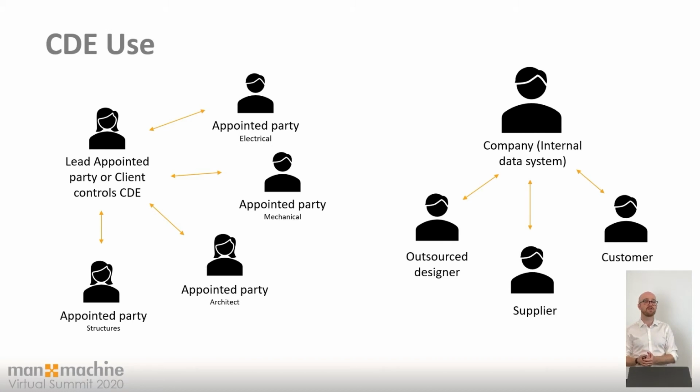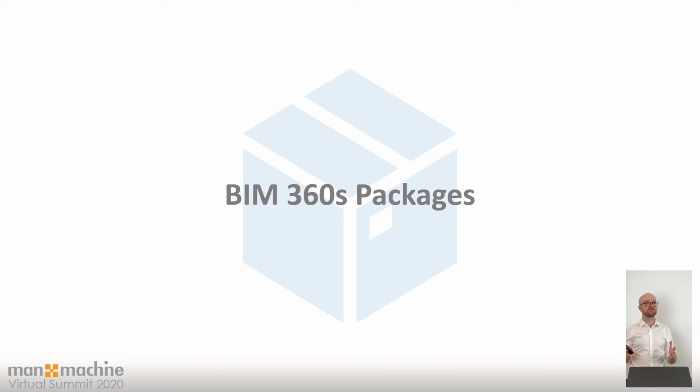So one company who might want to organize their outsourced designers, their suppliers, their customers, can also use a common data environment to do that. They're actually a supplier to a tier 1, but they're just further down the food chain. So there is that common misconception that a common data environment isn't for me, but it can be for everybody. So that's a bit about industry trends.